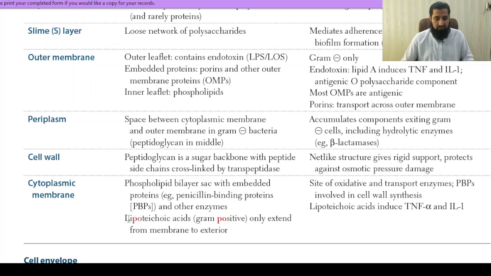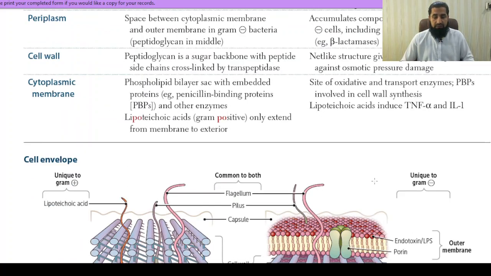This is the lipoteichoic acid, present in gram positive bacteria. The function of the cytoplasmic membrane is as the site of oxidative and transport enzymes, and penicillin binding proteins are involved in cell wall synthesis, and lipoteichoic acids induce tumor necrosis factor and interleukin 1.